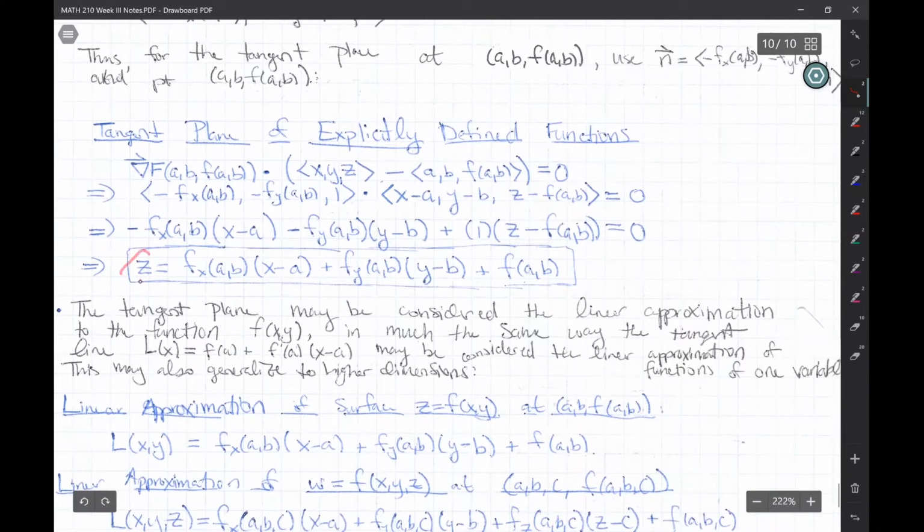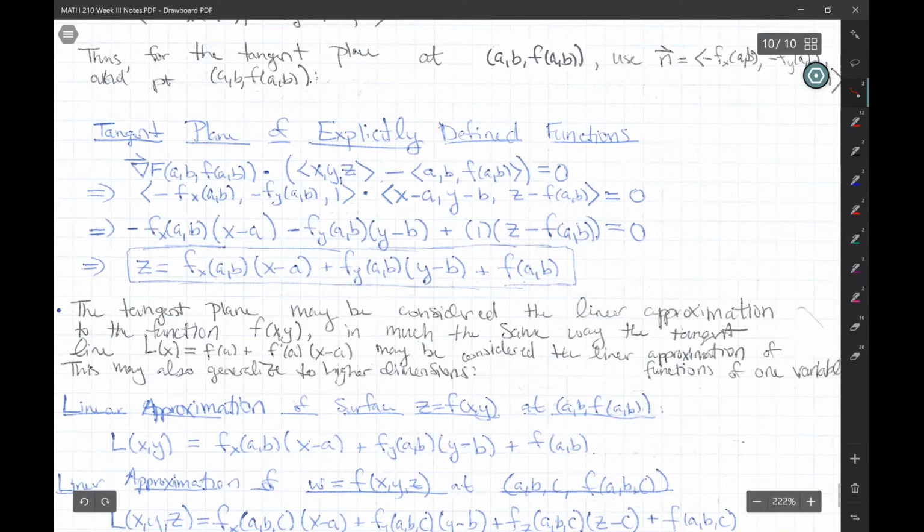And one of the reasons why I wrote z here on one side of the equation is because you can now look at this right hand side as a sort of linear approximation. If a tangent line is the linear approximation for a function of one variable, then the tangent plane is the linear approximation for a function of 2 variables.